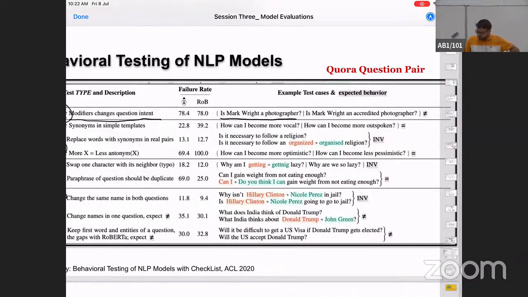And the other question is, is Mark Wright an accredited photographer? Are these two same questions? No, they are not, right? Because we have added this modifier, and that changes the entire meaning of the two sentences, right? So the model should be able to understand these types of tokens, and the model will only understand if it has a very good vocabulary.